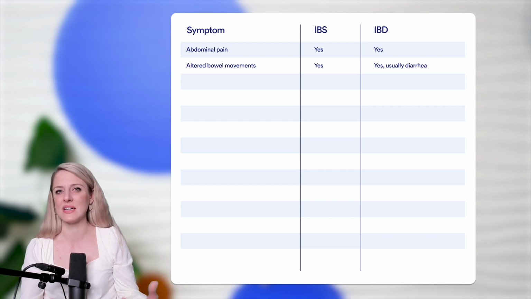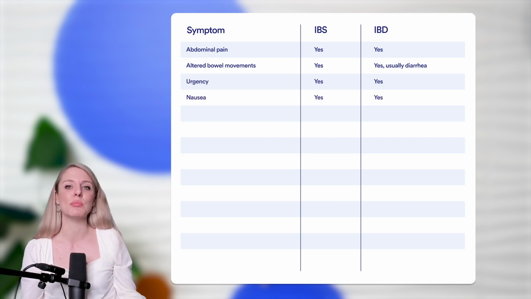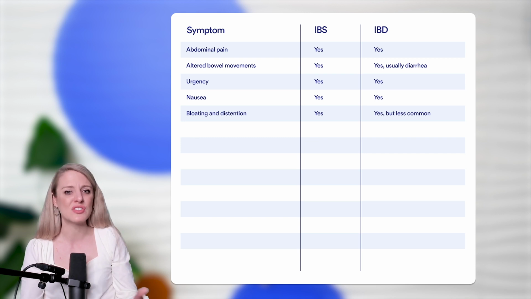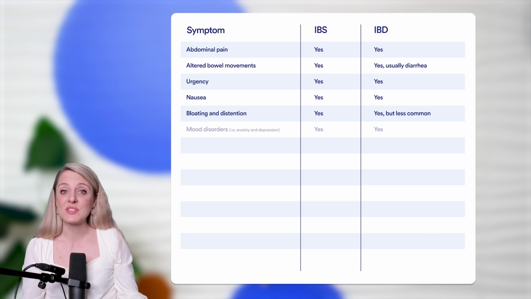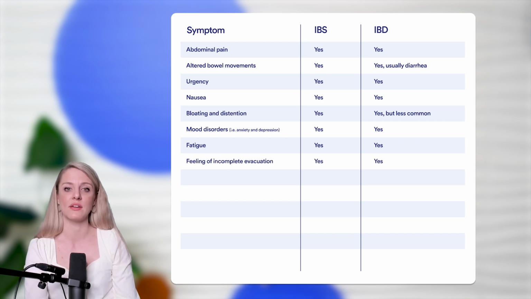Usually it's going to be diarrhea in IBD, whereas in IBS, you can have diarrhea or constipation, a mix of both. Also, feelings of urgency, nausea, bloating, and distension. Bloating and distension is a bit more common in IBS, though. Also, mood disorders like anxiety and depression, fatigue, or feelings of incomplete evacuation.